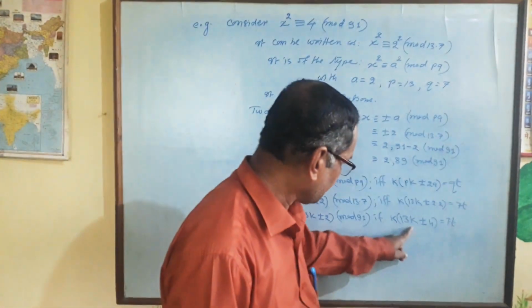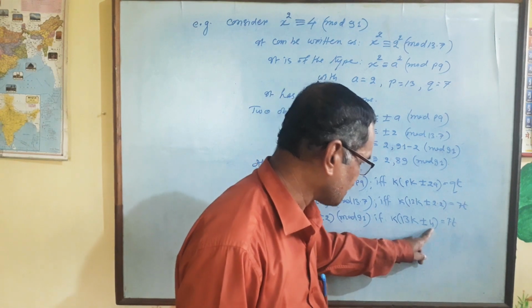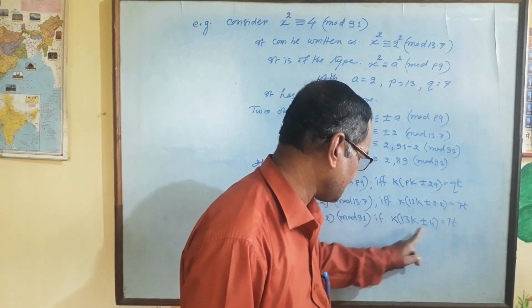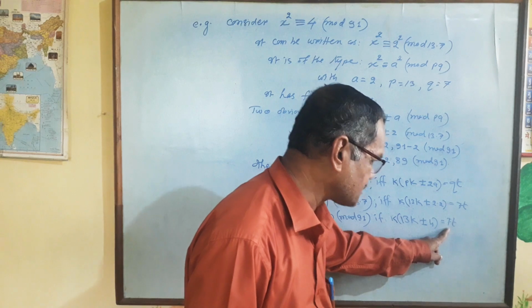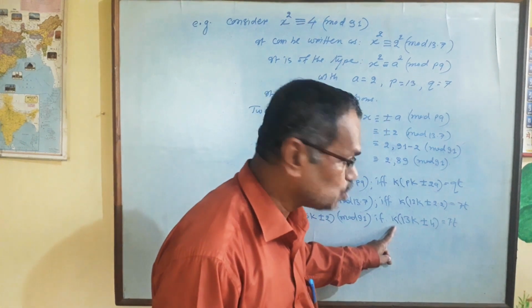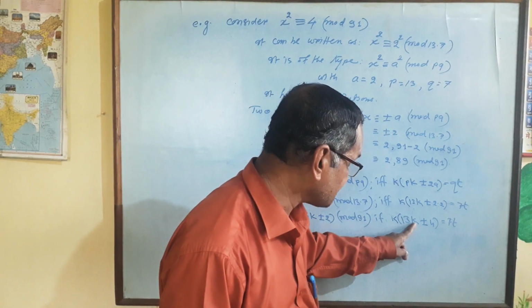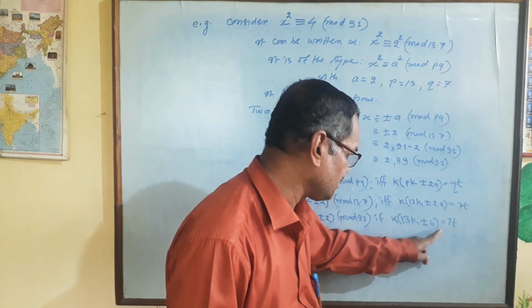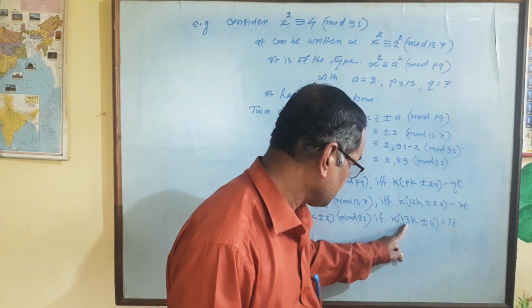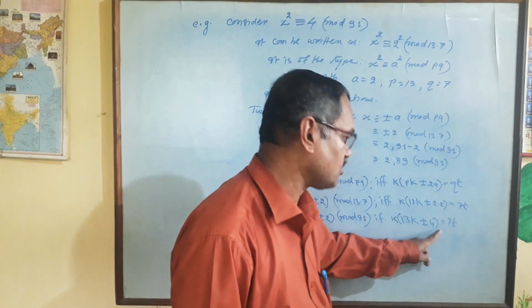Here for k equal to 1, it becomes 13 plus 4, not divisible by 7, 13 minus 4, not divisible by 7. If we put k equal to 2, 13 into 2 is 26, 26 plus 4, 30, not divisible by 7. 26 minus 4 also not divisible.